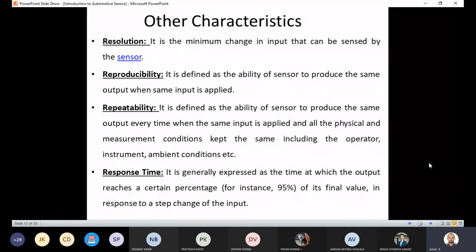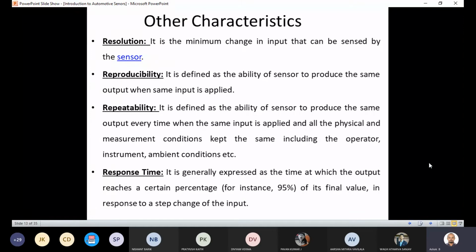Another important static characteristic which needs to be considered while selecting a sensor is resolution, which is the minimum change in the input that can be sensed by the sensor. For example, if you are going to use a temperature sensor where the measurement will be in the range of minus 50 to plus 50 degrees Celsius, you should not use a sensor with a range of 800 degrees Celsius.